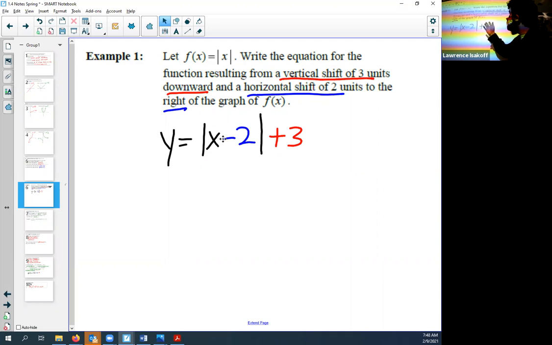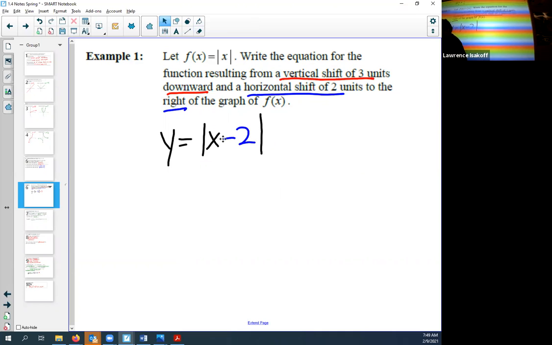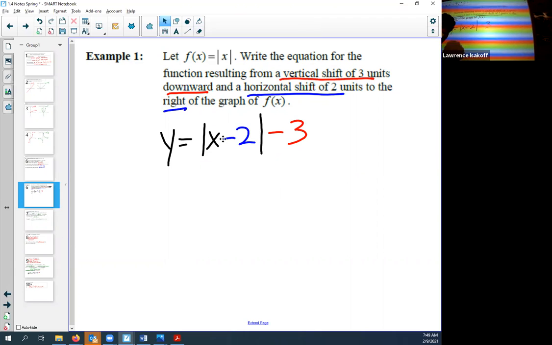Oh, it's a downward 3, sorry, I read too fast. It's downward, not upward 3 units, so that should be minus 3. But we'll compare and see if it looks like it went down 3 and right 2.